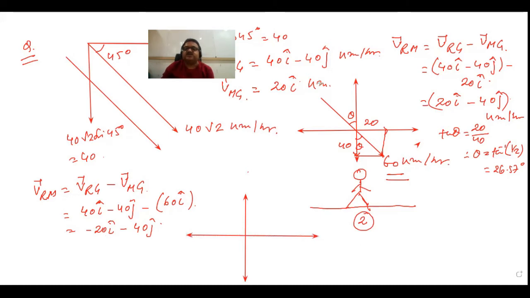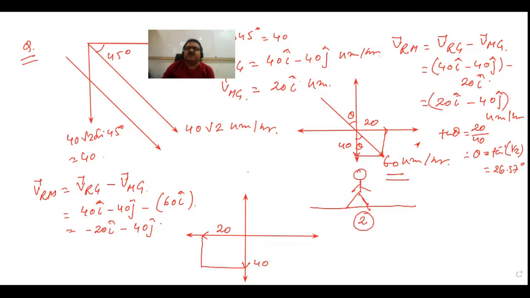Look at this. What is happening? Most interesting part. Okay. It has two components of velocity. One is 40 minus 60, which is 20. The other is 40. Okay. Now complete the parallelogram. Okay.